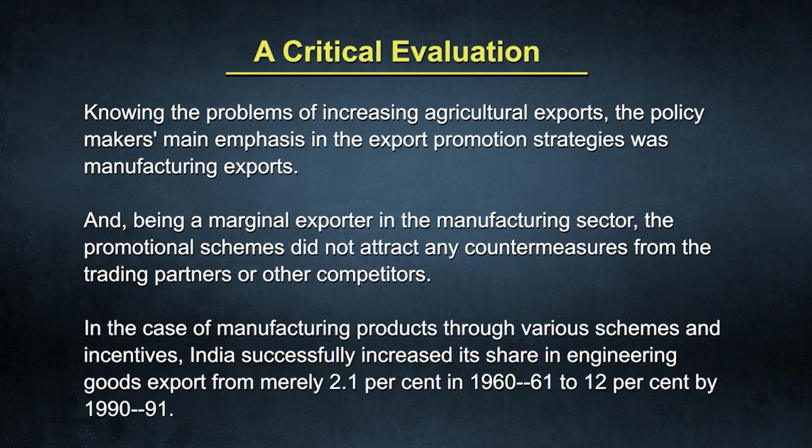And in case of manufacturing products, through various schemes and incentives, India successfully increased its share in engineering goods from merely 2.1% in 1960-61 to 12% by 1990-91. However, this much of success cannot make India's export promotion policy a successful one.